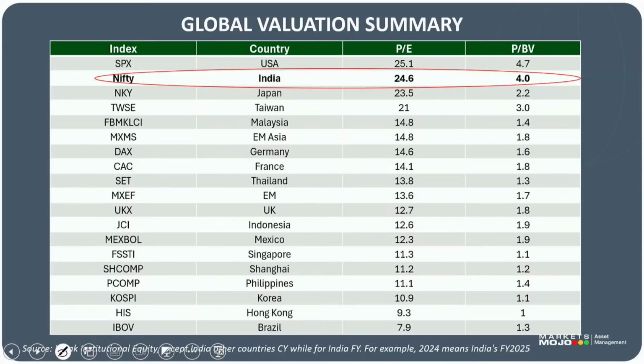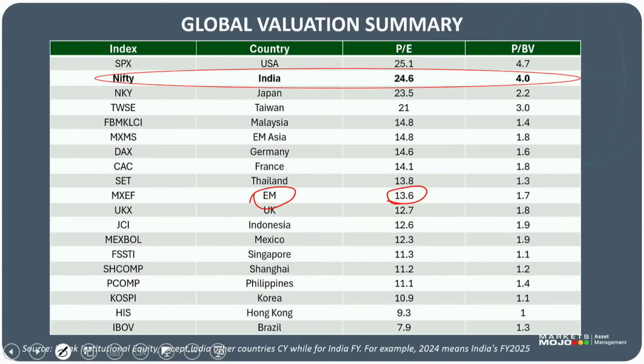And future price to book value, while the US is 25.1, India is 24.6. In other words, India is commanding a very rich valuation as compared to global peers also. If you look at the emerging markets, which India is a part of, it is 13.6 versus 1.7 price to book value.